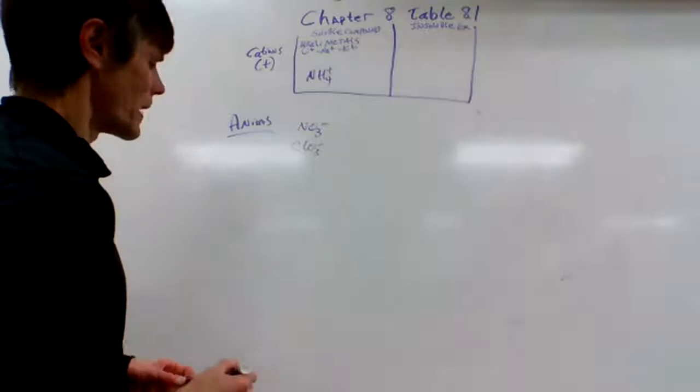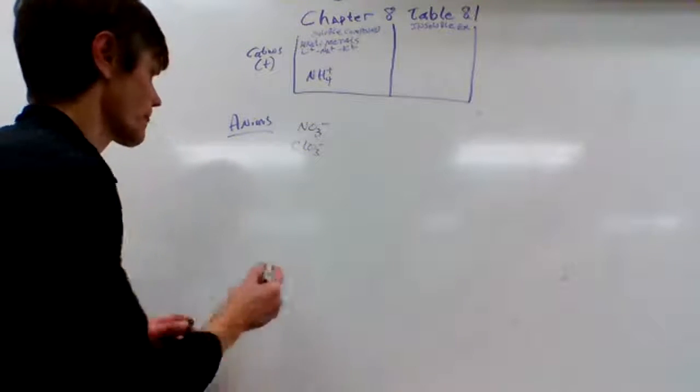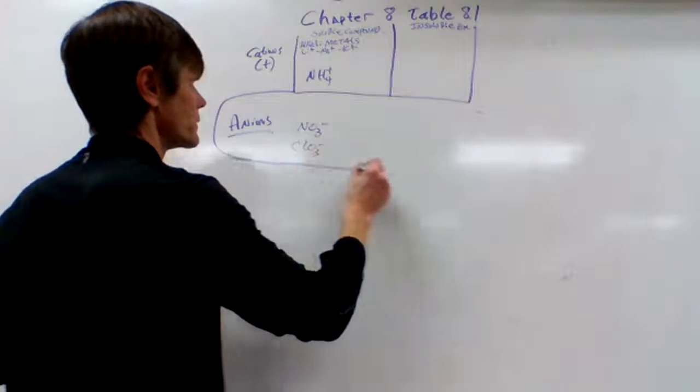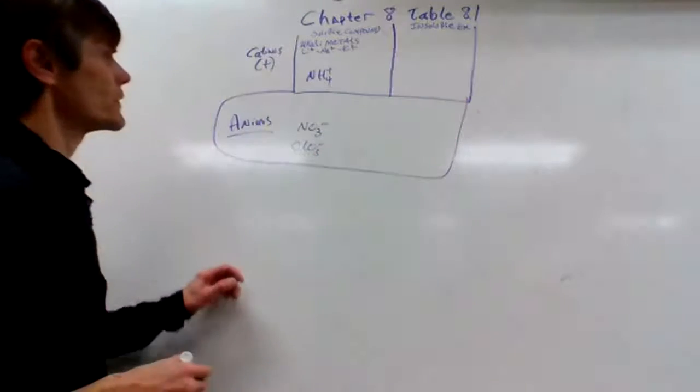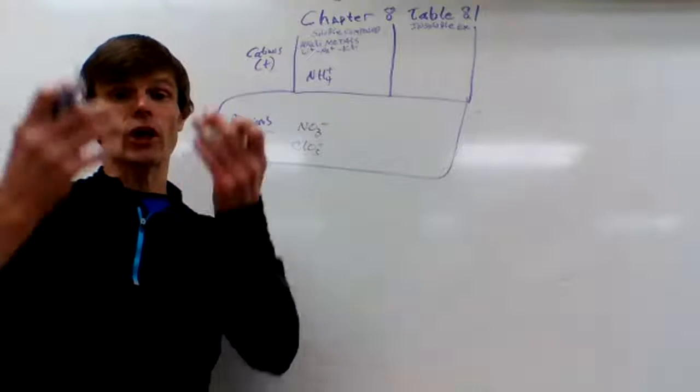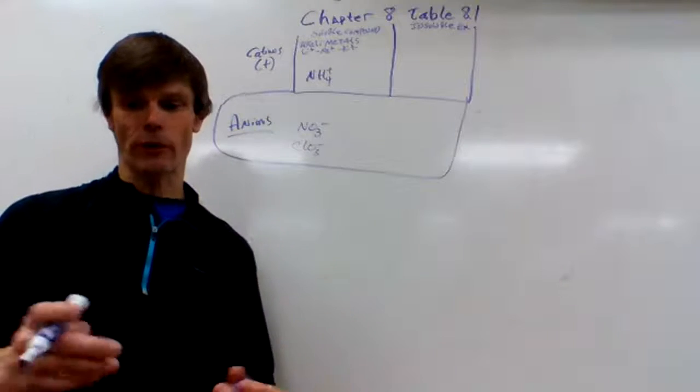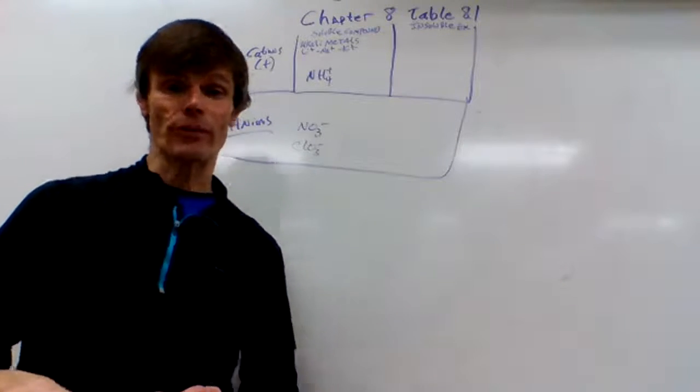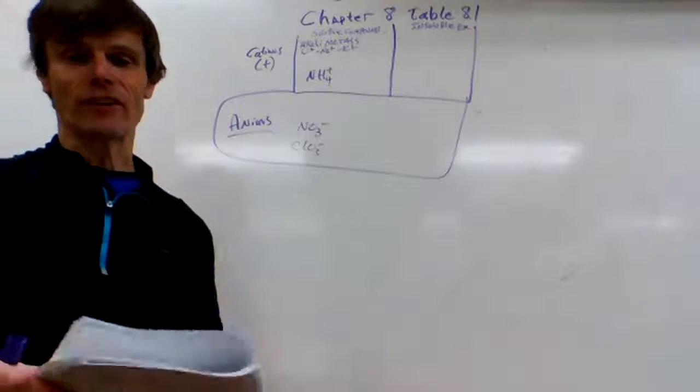And we also have some that have exceptions. So without exception, these are the cations and the anions that are always going to be soluble. Then we have the ones that are fun. These have exceptions.